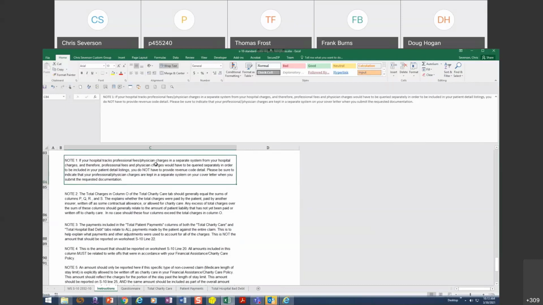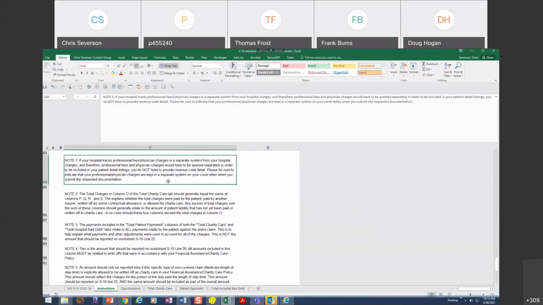And the reason for that is that you have kind of an almost unintentional or maybe intentional internal control system built in place that really eliminates the risk that these charges might be commingled. If they're in completely different systems, then there's, I don't want to say zero concern, but considerably less concern that this listing is going to include professional fees. Now, that goes back to the requirement that any professional fees have to be carved out. So if you keep it separately, then your system already carves it out. That's basically what we're saying here.